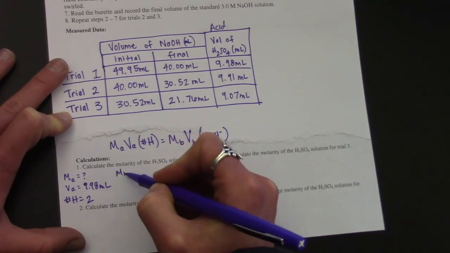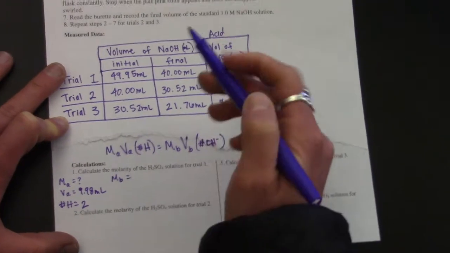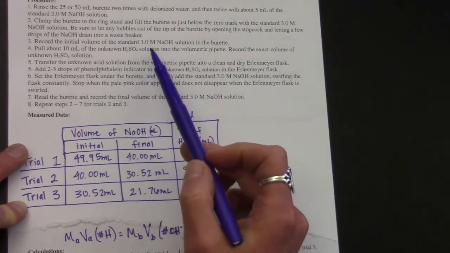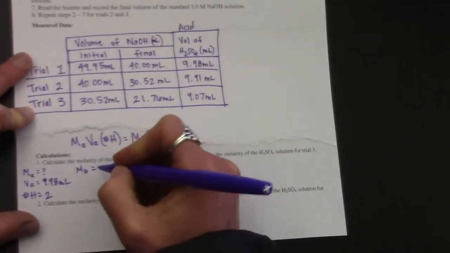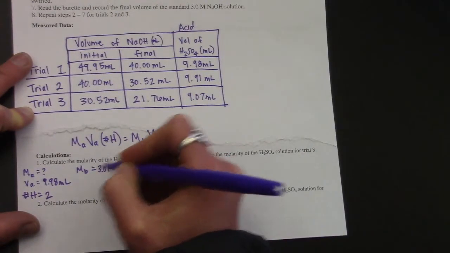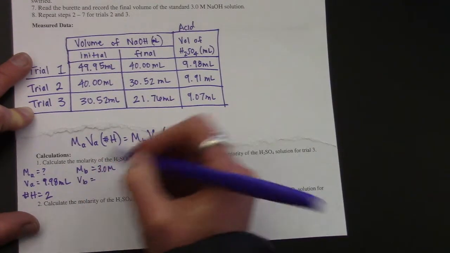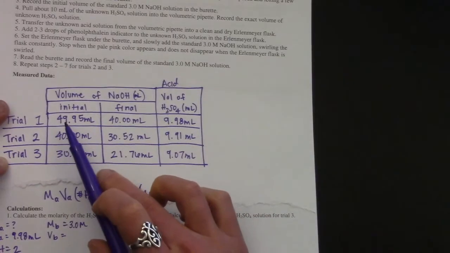The concentration of the base, it's a standard solution, and it's given to us up here in the instructions. The concentration of the base is 3.0 molar. The volume of the base, I have to calculate by taking this minus this.